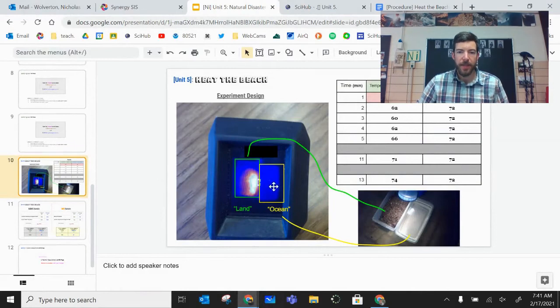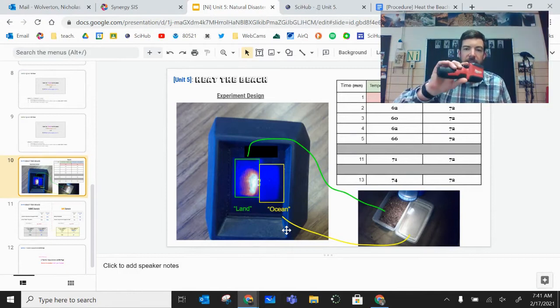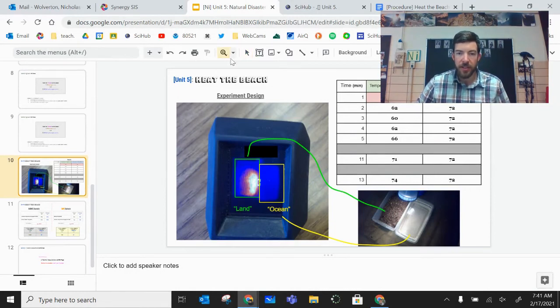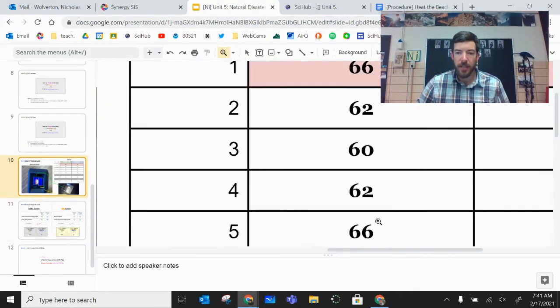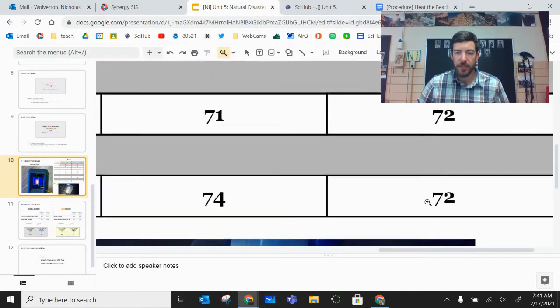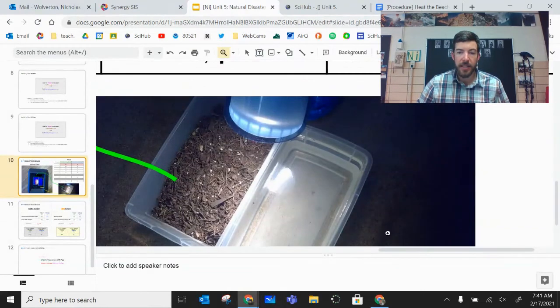So if we take a look here, this first picture is an infrared device that I can use to look at the heat signature. So we can see that we've got the land and the water in the bins that are right there next to each other. And since they're right there next to each other, the light is hitting them equally.